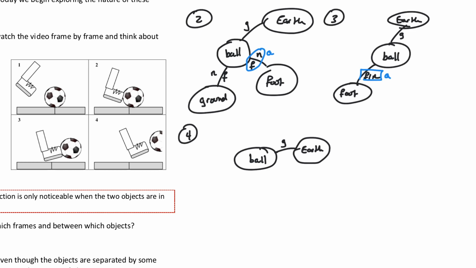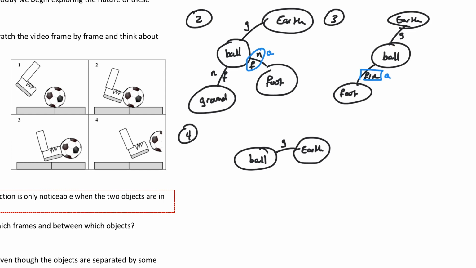This is how we draw our interaction diagrams, and these are so important because basically we can use this idea to figure out what forces are acting on our object. So in the second frame, we have 1, 2, 3, 4, 5 different forces acting on the ball. On the third frame, we have 1, 2, and 3, and we can combine these two into 1, so we can say it's 2, and here we could say 1, 2, 3, 4.